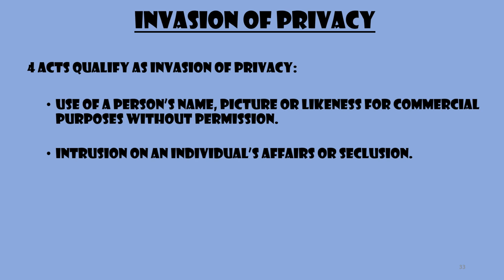This means if you come to my house and you go through my desk drawer and you start looking at my documents, I can sue you for invasion of privacy. That's my personal business. It's not your business. If I'm having an affair on my wife and she hires you as a private investigator to follow me and take pictures of it, that would not be invasion of privacy. Why?